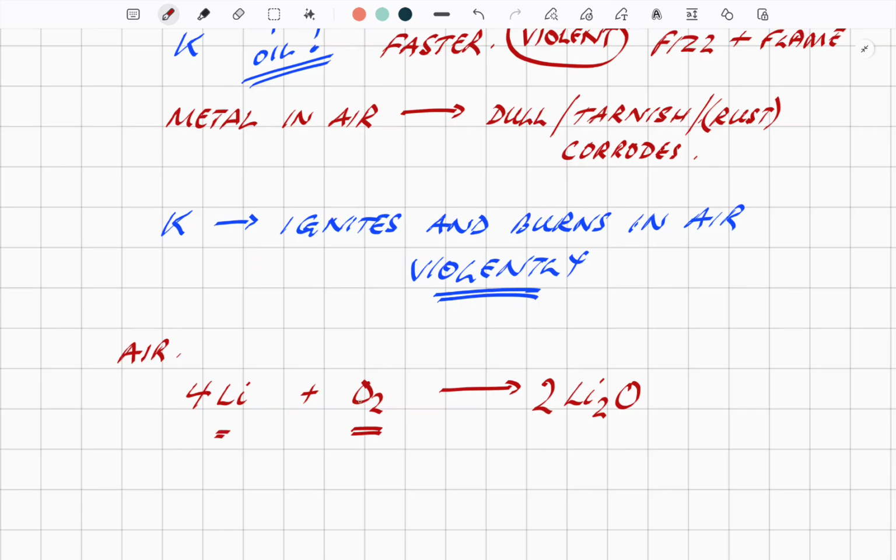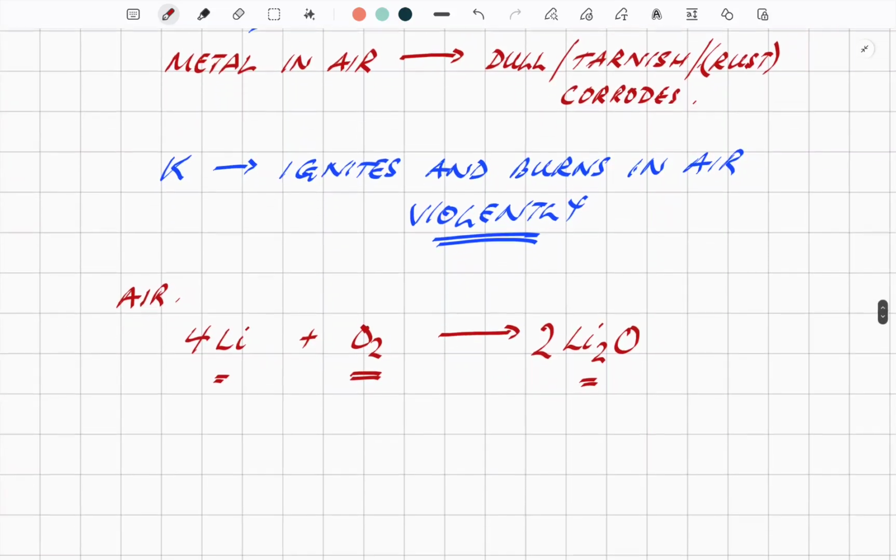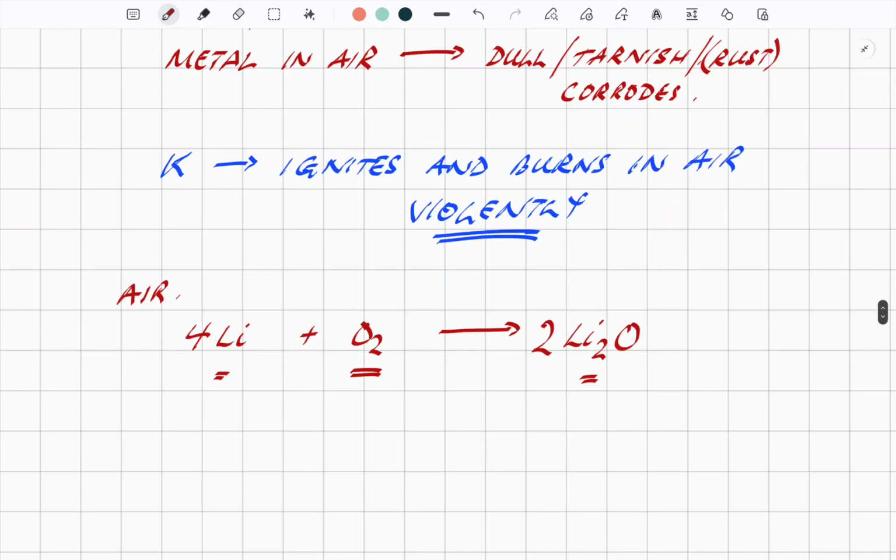So if I have 2 oxygen atoms, I'm going to need double the number of lithium, so it's 4. If you look on the right hand side now, all the numbers balance. I've got 2 times 2 lithiums, so 4 lithiums, and I've got 2 oxygens. Does that make sense? So that basically is the reaction with oxygen.